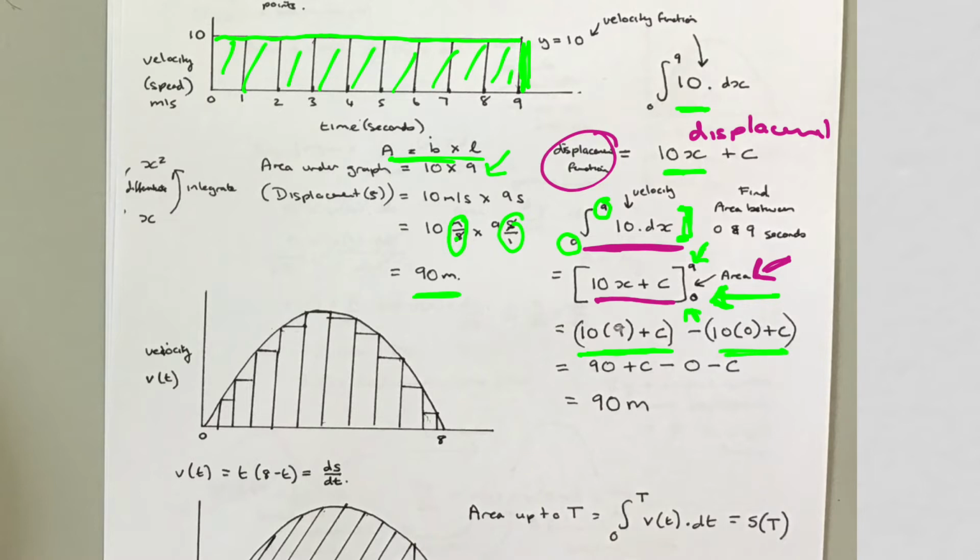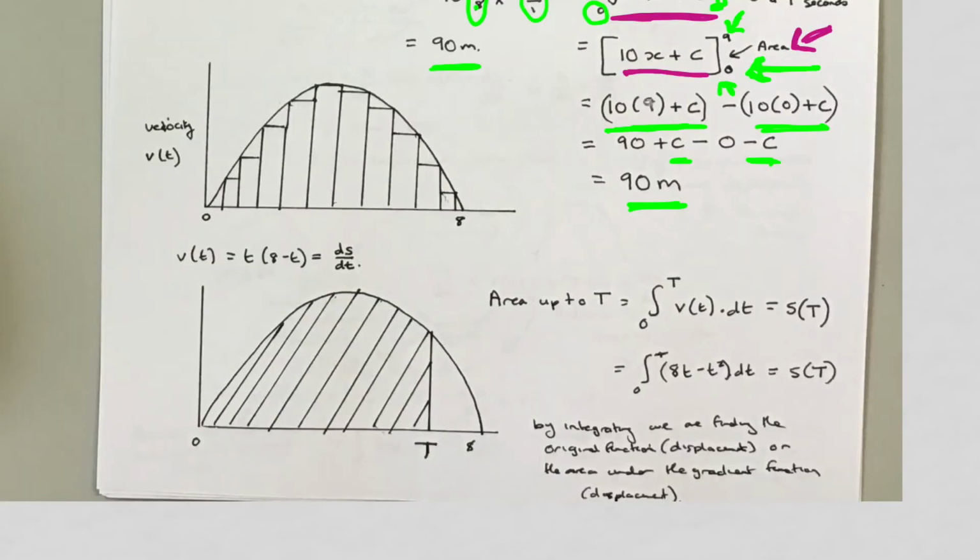What you're doing is you are subtracting the area from 0 from the area from 9. So let me just show you what I mean. Carry on. So you don't need to put c in because c will end up subtracting c, but you can see it works. There's the 90 meters, right? So that's what we're going to do, but we're going to be doing it with much, much fancier things than that.